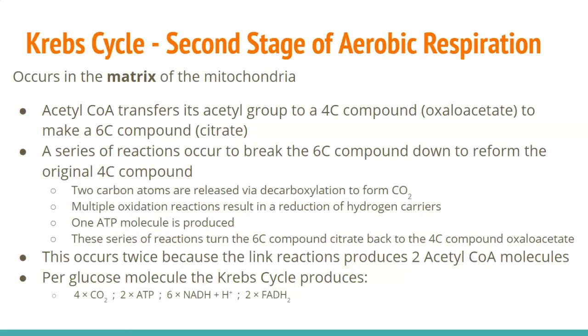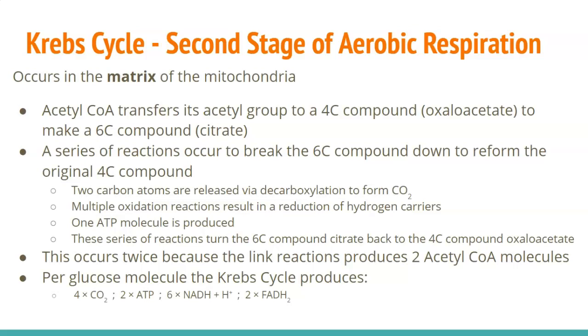Now, the Krebs cycle, aka the citric acid cycle. I am not fancy enough to call it that. So this occurs in the matrix of the mitochondria. Acetyl-CoA, which is what we just ended up with in the link reaction, transfers its acetyl group to a 4-carbon compound called oxaloacetate.